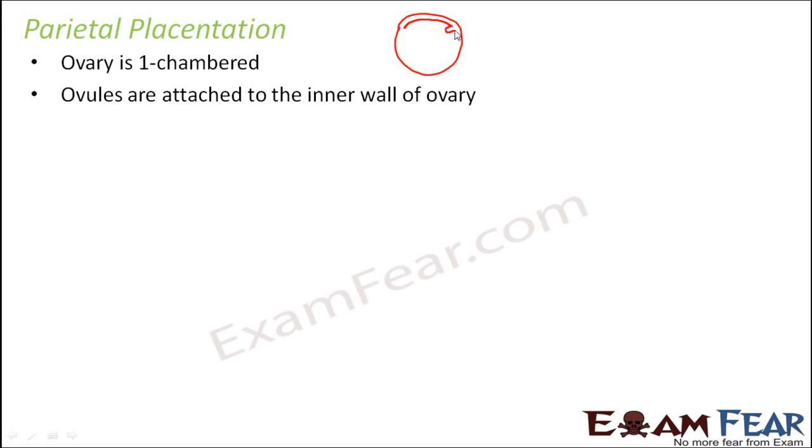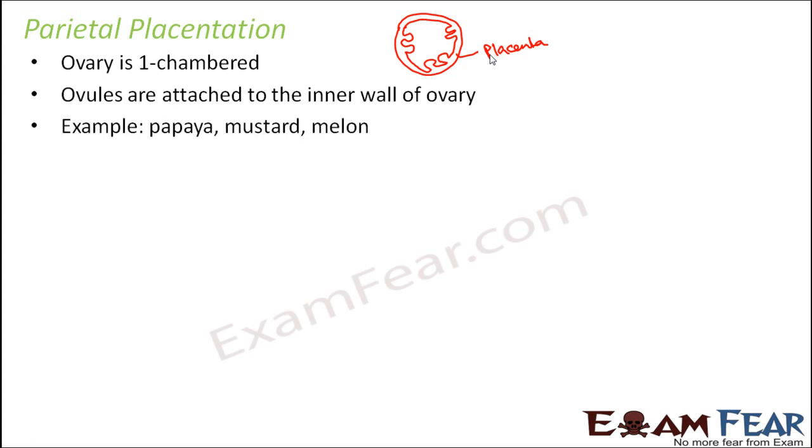So on the inner wall, you will have the ovules attached like this. So this would be the placenta. Because these circular structures are the ovules, and this bigger thing is the ovary. So what is connecting ovules to ovary? This tissue. So that is placenta. So this is how it will look.